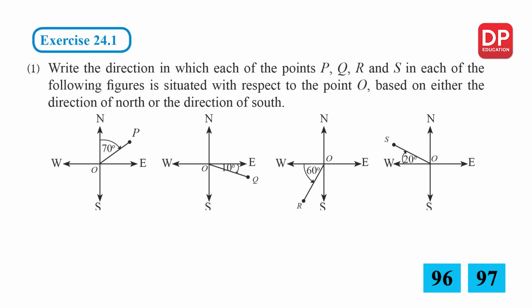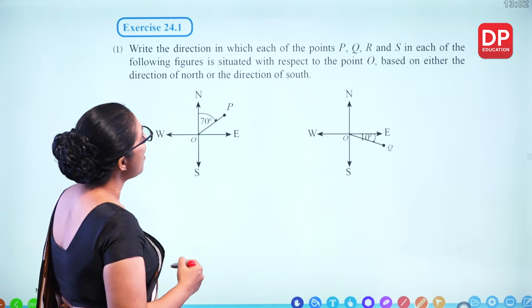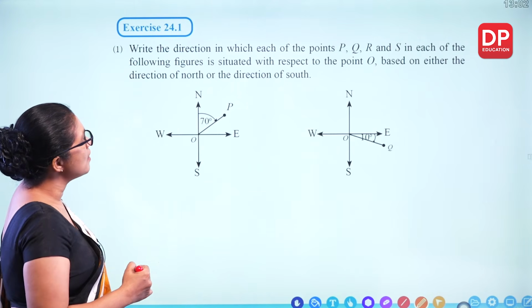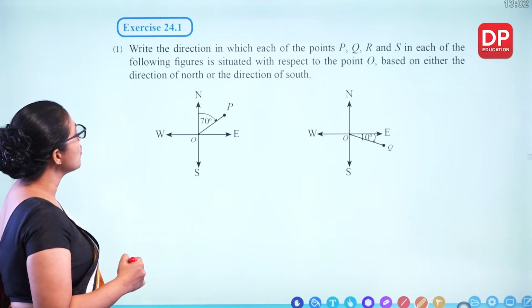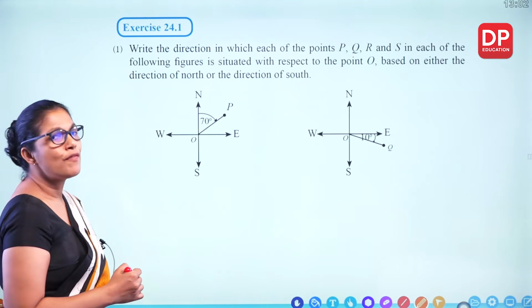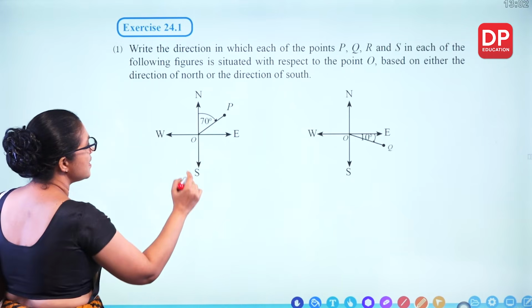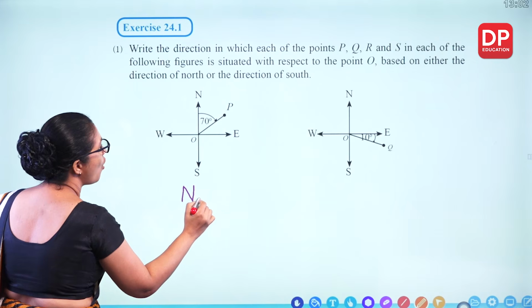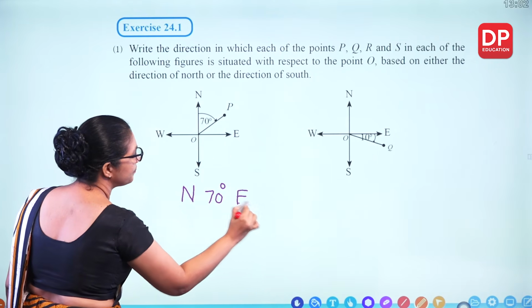Exercise 24.1. Write the direction in which each of the points P, Q, R and S in each of the following figures is situated with respect to the point O, based on either the direction of north or the direction of south. How can I write? This is 70 degrees starting from north, north 70 degrees towards east.